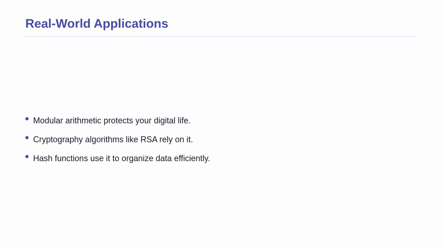It is also used in computer science to organize data efficiently using hash functions, which sort information into digital buckets based on remainders. Without this simple concept of clock math, modern internet security would completely collapse.